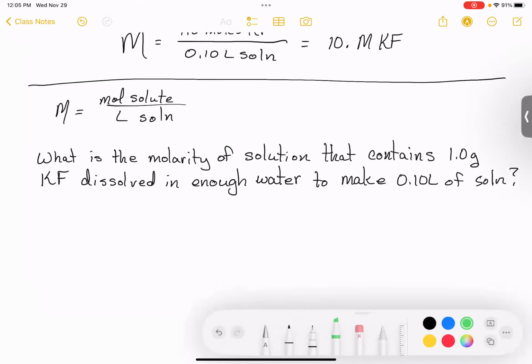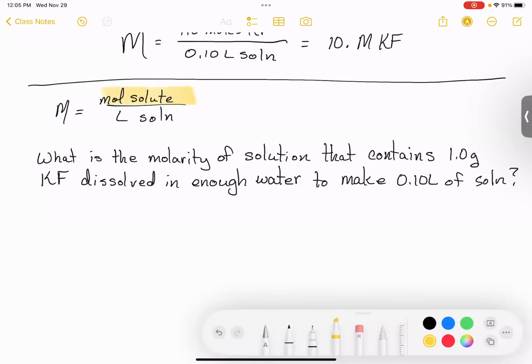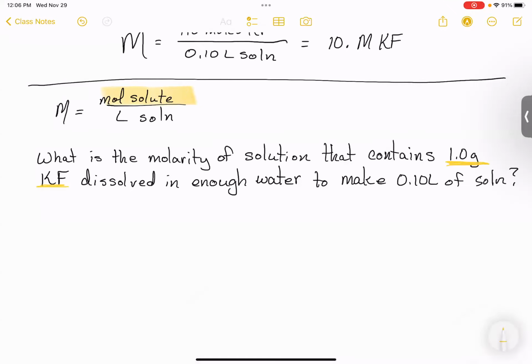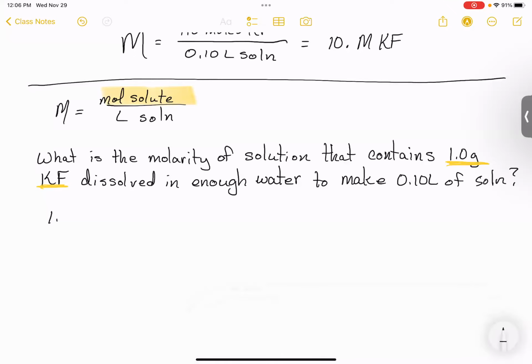The first thing I need to find is my moles of solute. Well, in this one, I was not given moles of solute, but I was given grams of KF. And to get from grams to moles, we would use the molar mass. So if we have 1.0 grams of KF, we're going to need the molar mass of KF in order to convert that into moles of KF.